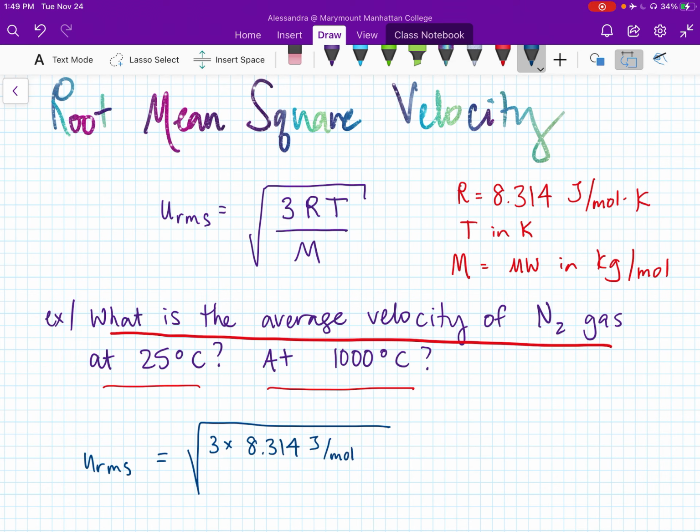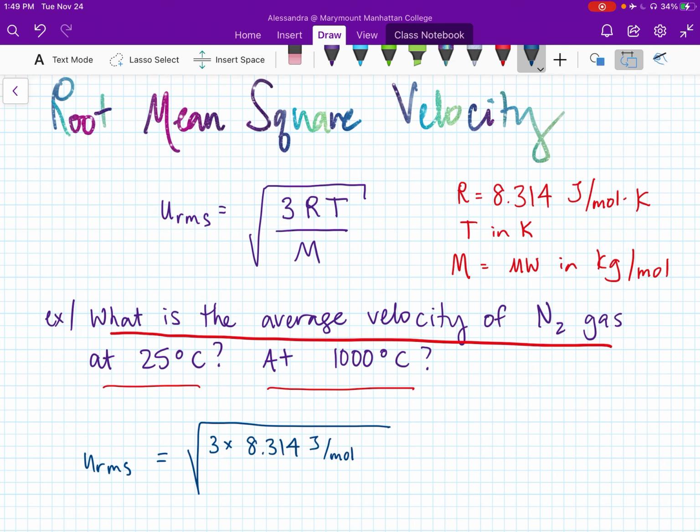Now nitrogen has a molecular weight of 28 grams per mole. So if I want that in kilograms, I am going to have to divide it by 1,000, because 1 kilogram has 1,000 grams.